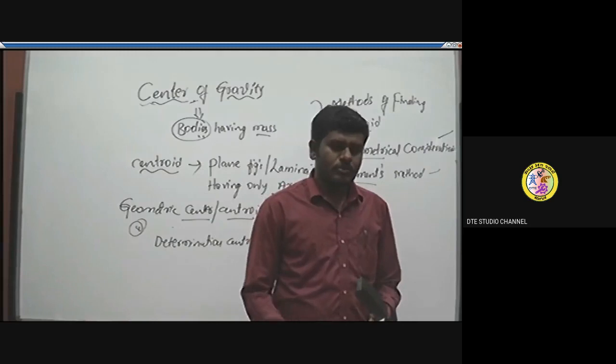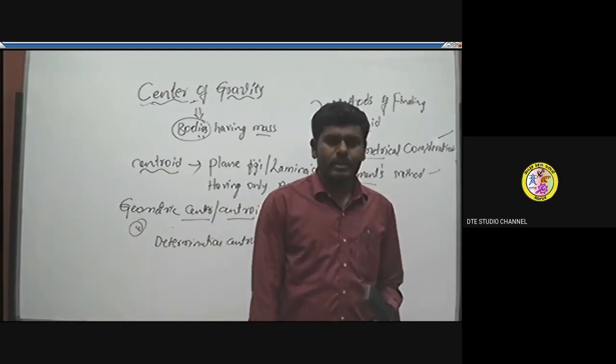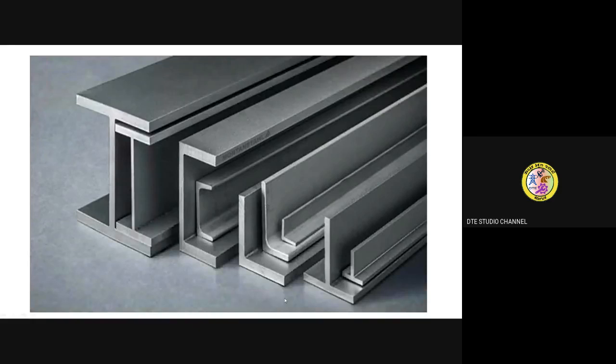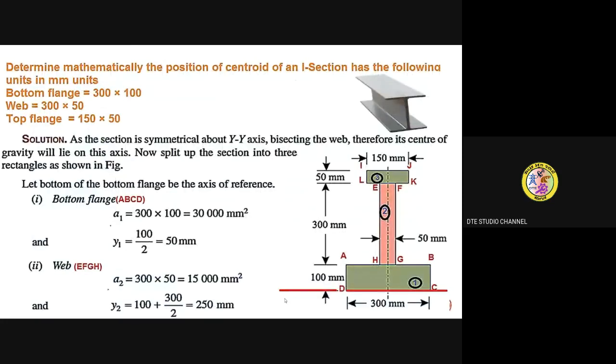We have to locate the position of a centroid. You can see in the image important engineering sections like I section, channel section, L section and T section. We have already dealt with the problem on T section in the last class. Now we are going to start with another illustration example on I section. So take out this data of the problem.